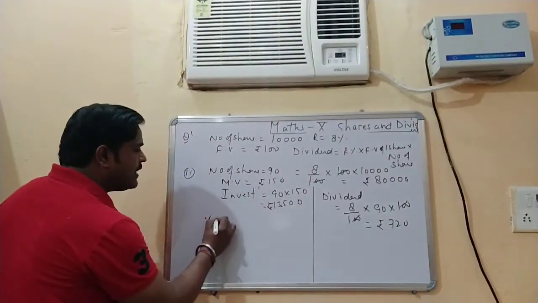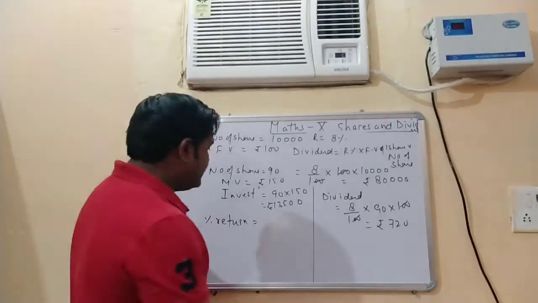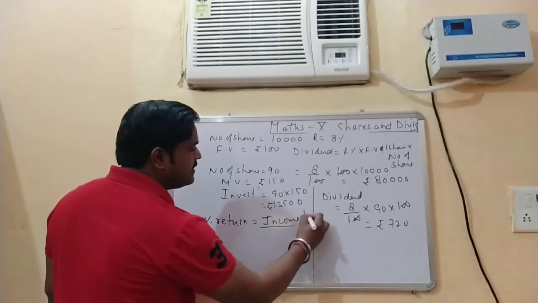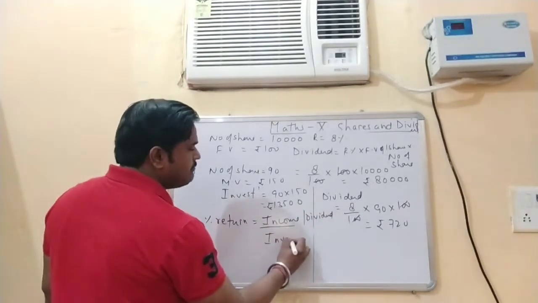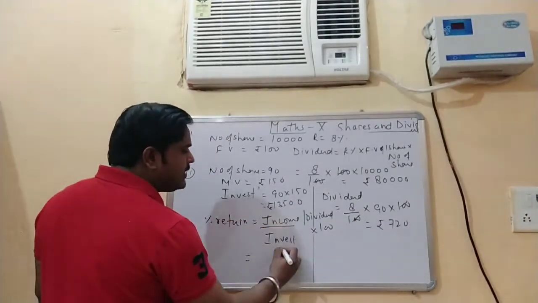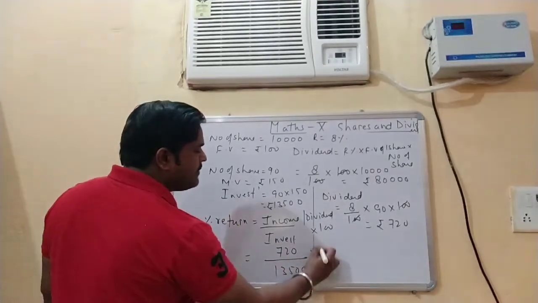Now we have to calculate the percentage return. For this we have a formula: income or dividend, divided by investment, multiplied by 100. So this will be equal to income, 720, upon 13,500, multiplied by 100.